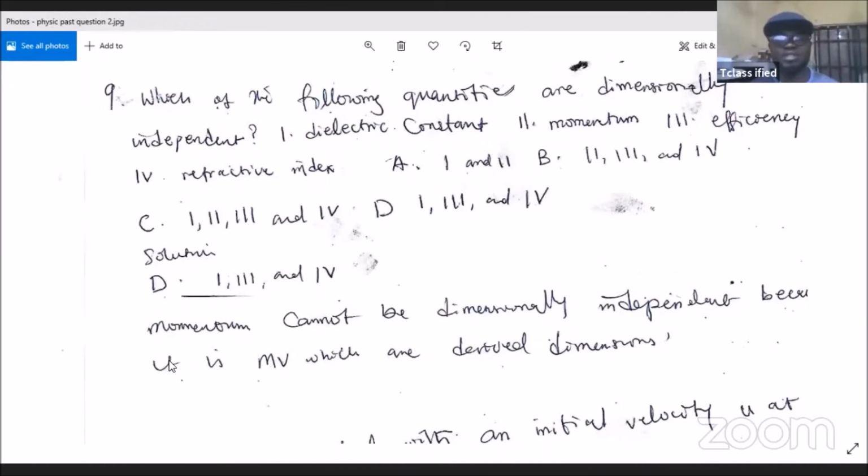Momentum cannot be dimensionally independent because momentum is simply equal to MV, which are derived dimensions. M is for mass, V is for velocity.